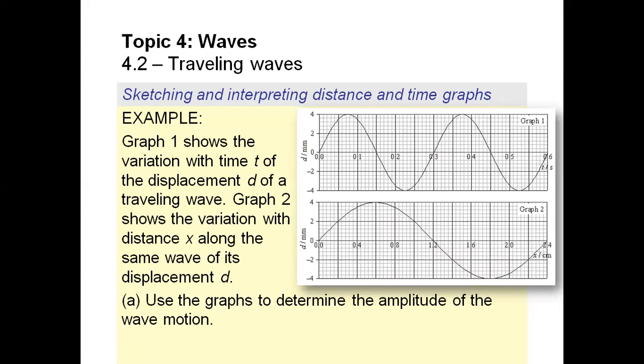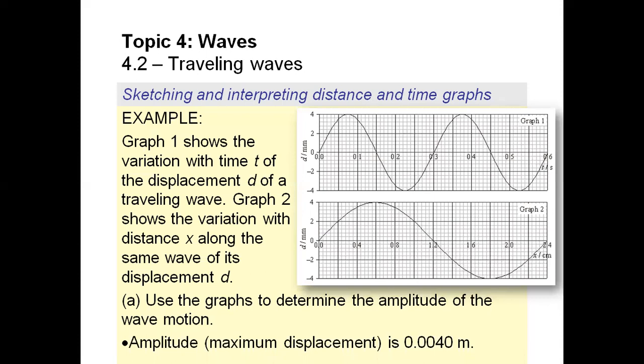So the distance from equilibrium position to the crest or to the trough is going to give us the amplitude. So in this example, from one of the graphs, the amplitude is going to be equal to 4 millimeter. Why? Because the unit on the y-axis is given as millimeter.